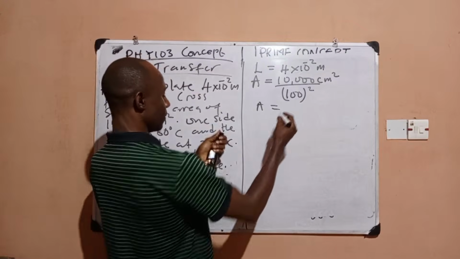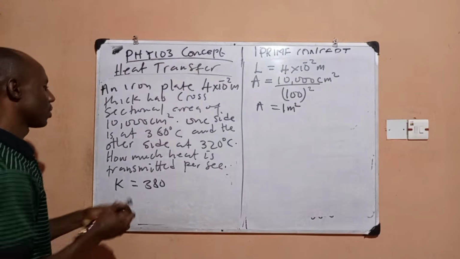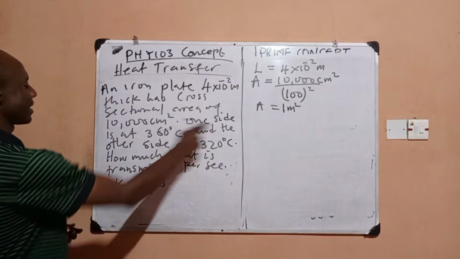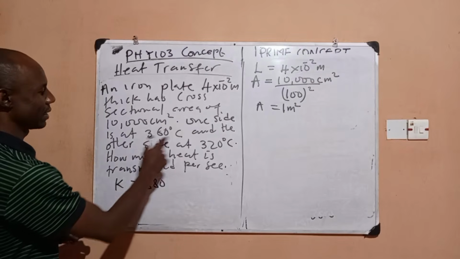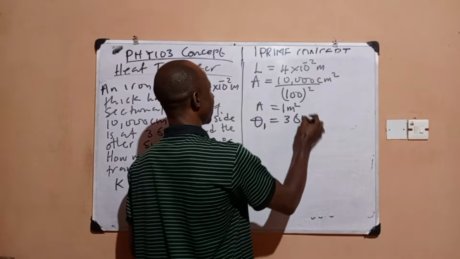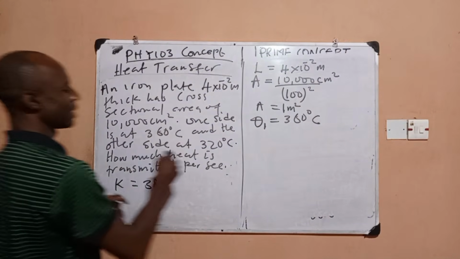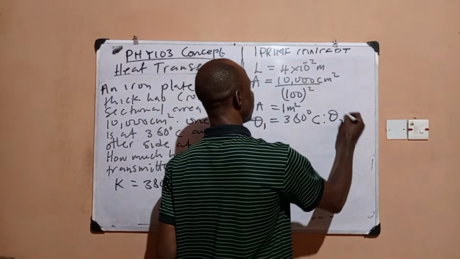So that is 1 meter squared. That is our area. So they said one side is at this, so theta 1 is the higher temperature, which is 360, and the other side, theta 2, is at 320.